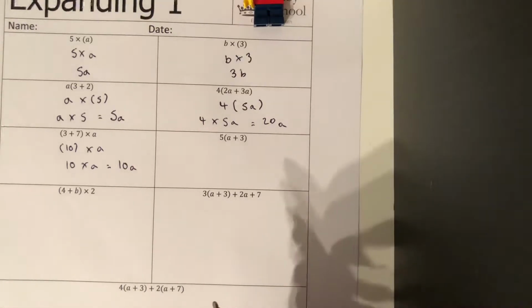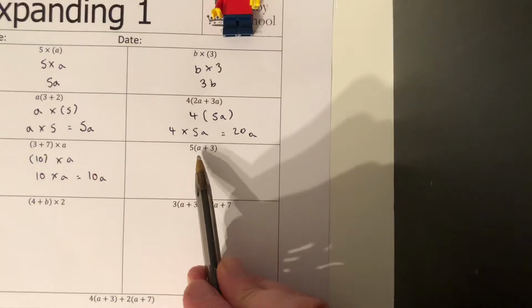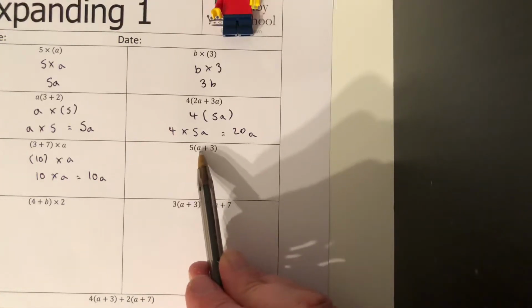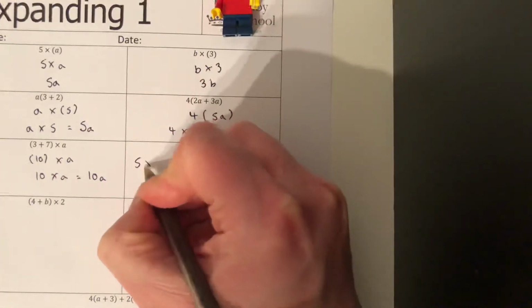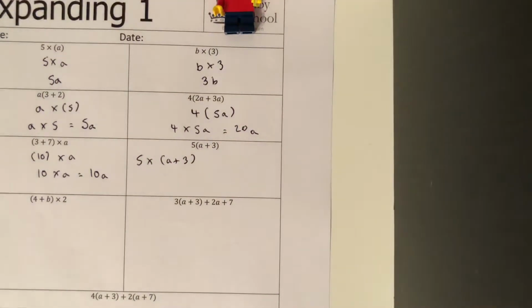Well, the next question will enlighten you, because what we've now got is 5 times a add 3. And that's what it means, 5 lots of, or 5 times a add 3. So I'll write that down, 5 times a add 3 in the brackets. All we need to do is multiply the 5 by the a add 3. We'll do the a add 3 first, because it's in the brackets, and hold on, what is a add 3?